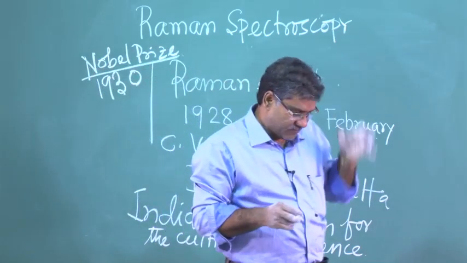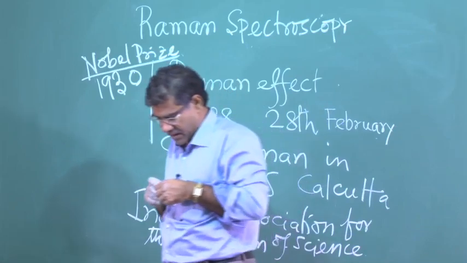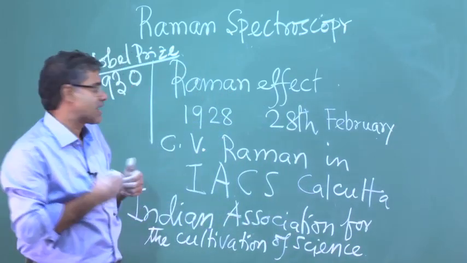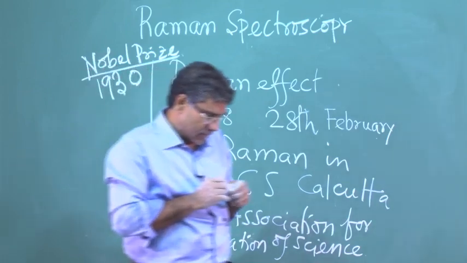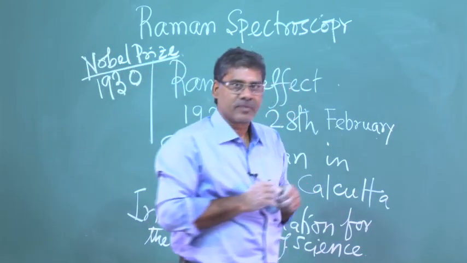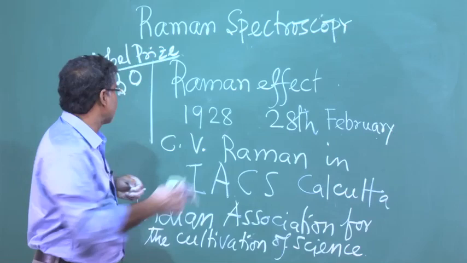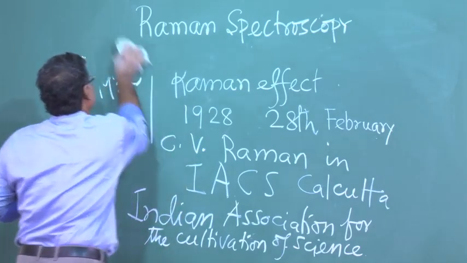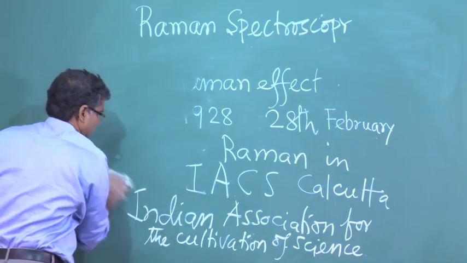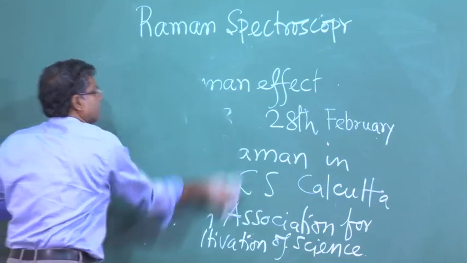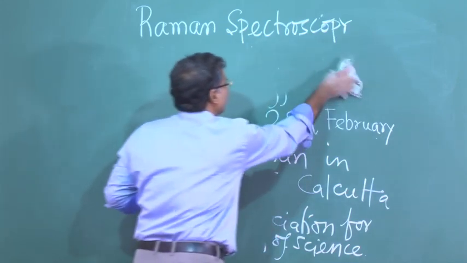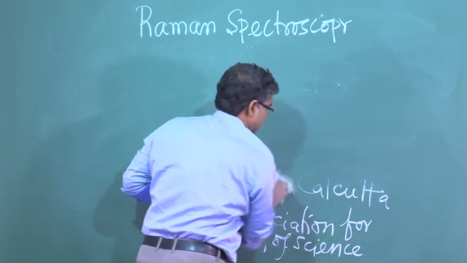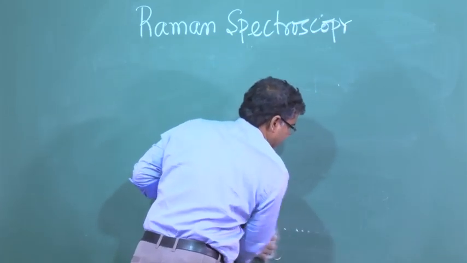So, that was the brief history of the discovery of the Raman effect, but what is that effect? What is that Raman effect? So, actually, in general, the Raman effect is basically the scattering of light.